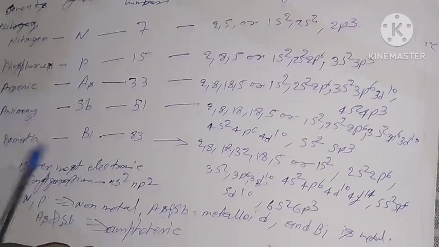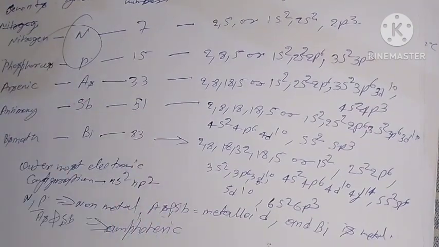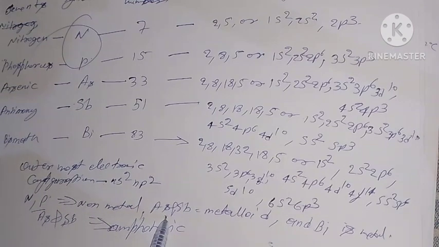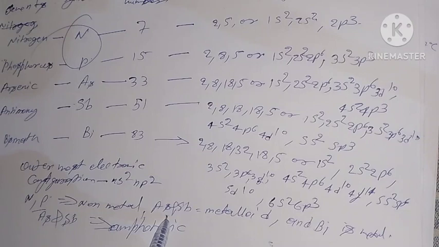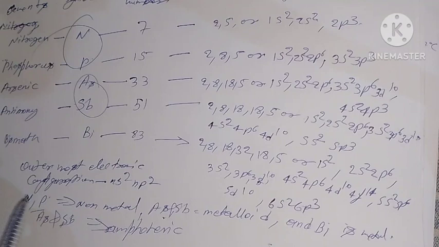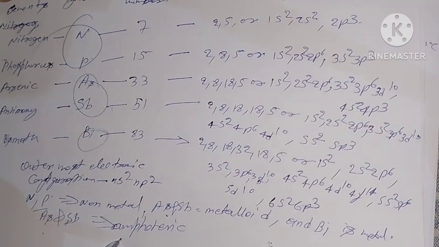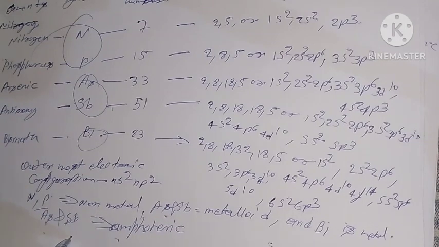To summarize: nitrogen and phosphorus are non-metals, arsenic and antimony are metalloids, bismuth is a metal, and arsenic and antimony are also amphoteric.